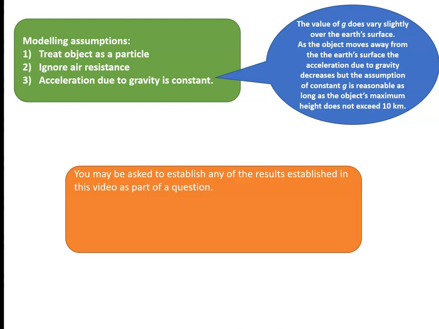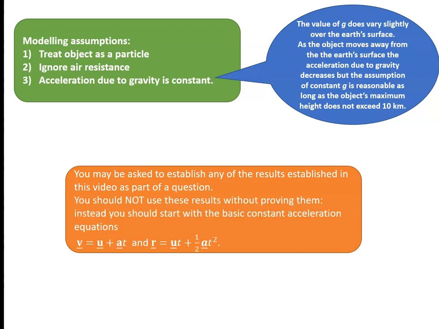Any of the results that we've established in this video, you might be asked to prove as part of a question. However, you should not use these results without proving them. So if the question doesn't ask you to prove them, you shouldn't quote them.